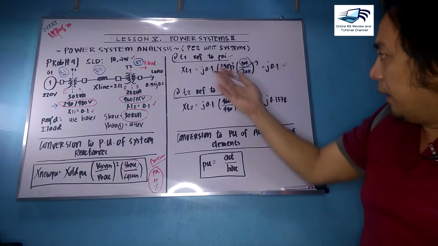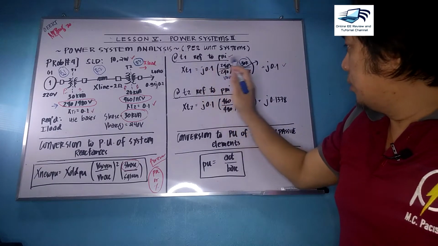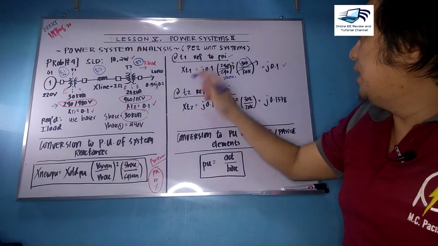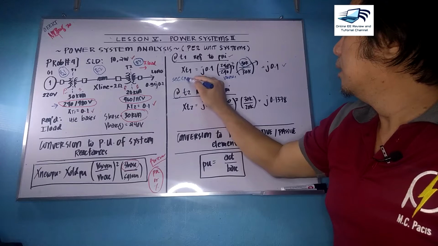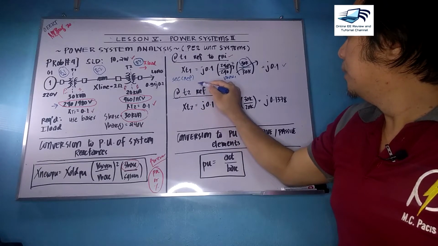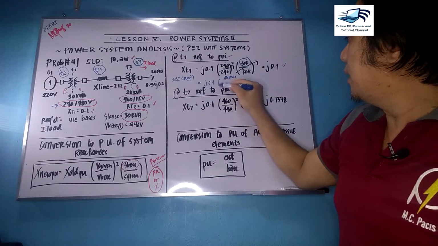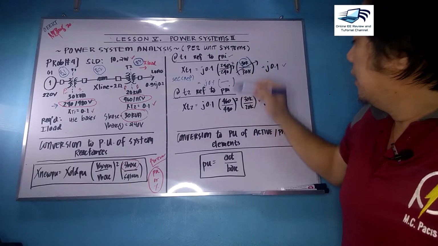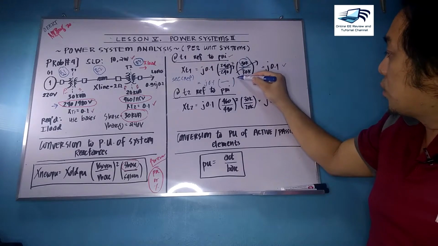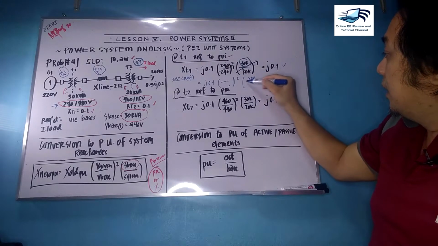Now, we can do the same thing if we use the secondary as your reference. So if you do so, the only change in the calculation is, okay, I can erase this part, is the squared, and then you have 30K.